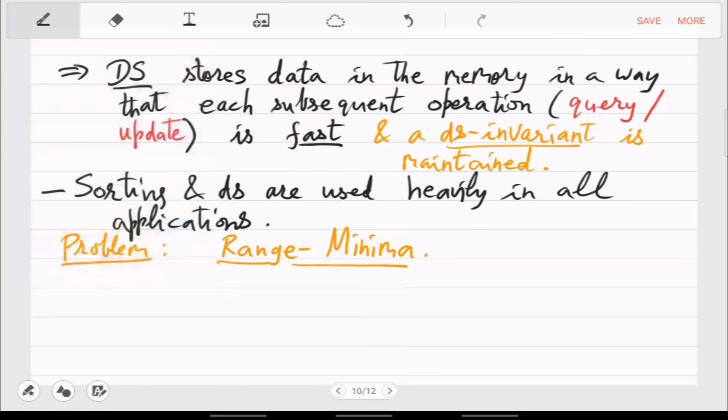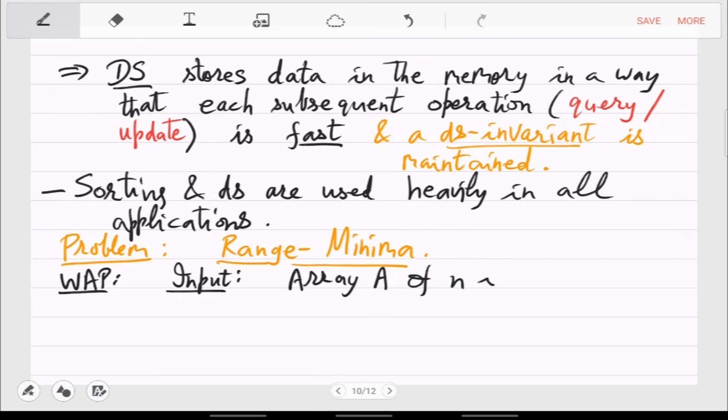So here you have to write a program where the input is an array of n integers. So it's actually a DS problem.